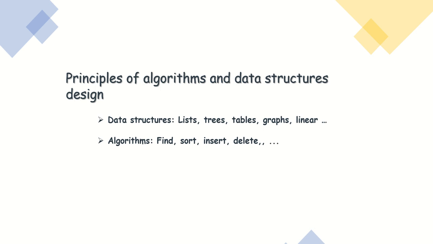We want to insert some new element inside the tree. We want to delete one element, etc. So this is how we can get a benefit from a data structure, and the method is the algorithms, which come in different types: find, sort, insert, delete, etc.